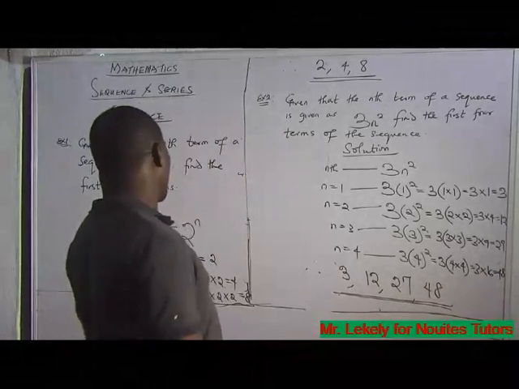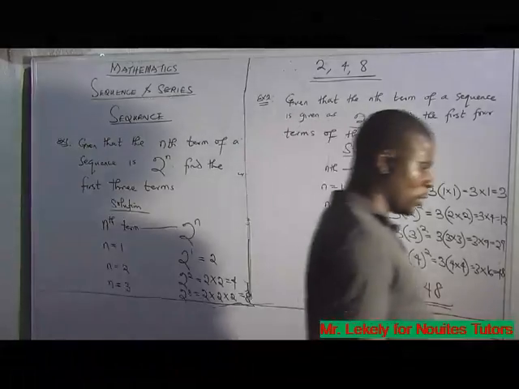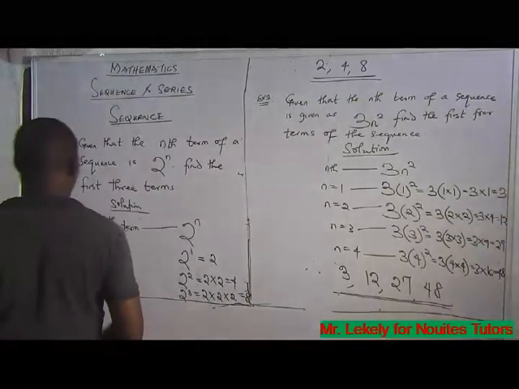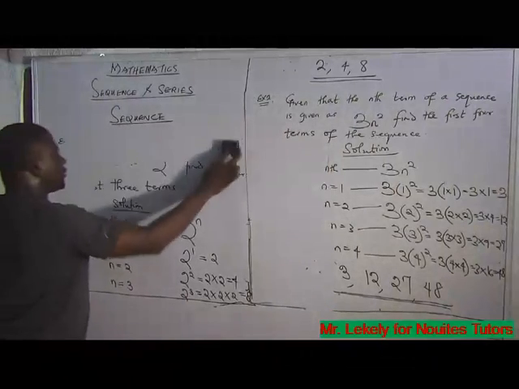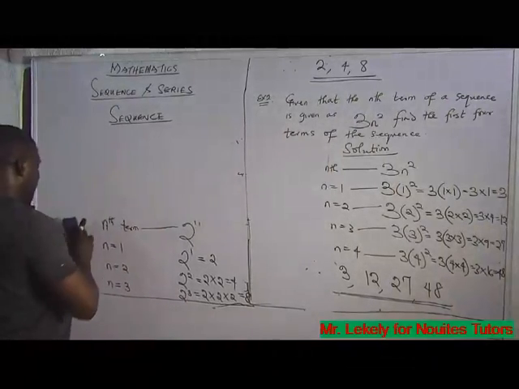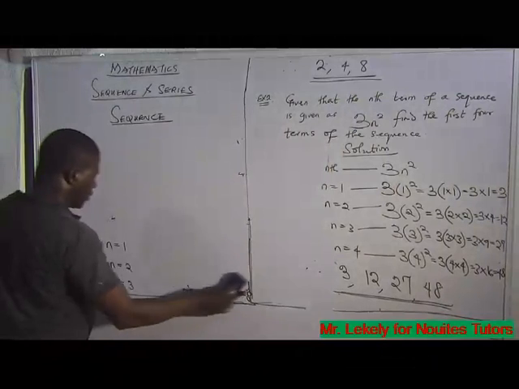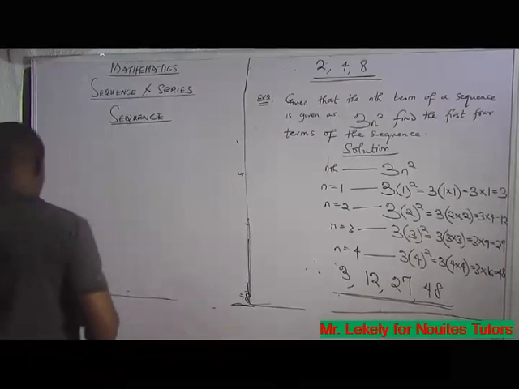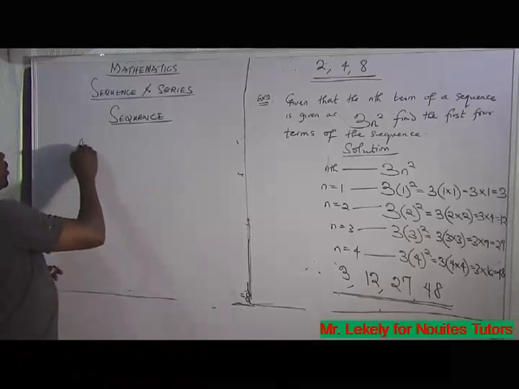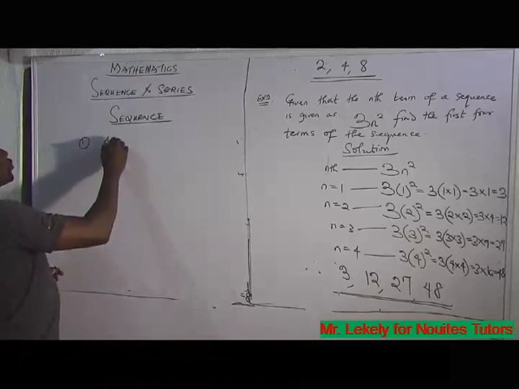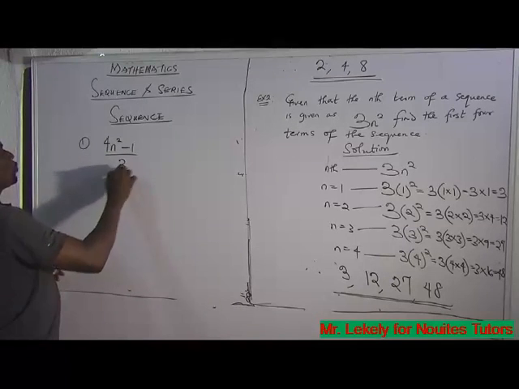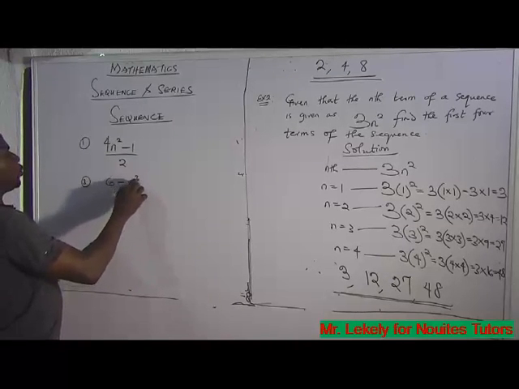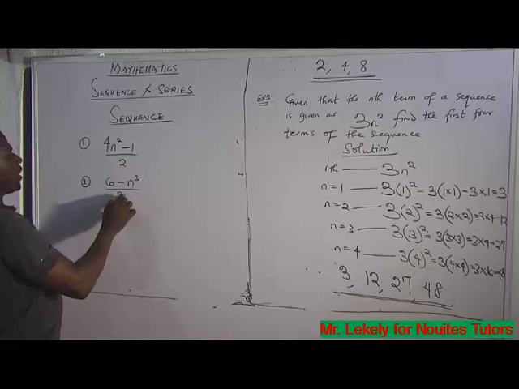Those are the first 4 terms of the sequence. So that is how to go about sequence. So I am going to give you this work. Try to practice and then get back to me on sequence. Number 1, 4n squared minus 1 over 2. Number 2, 6 minus n cubed over 3n.